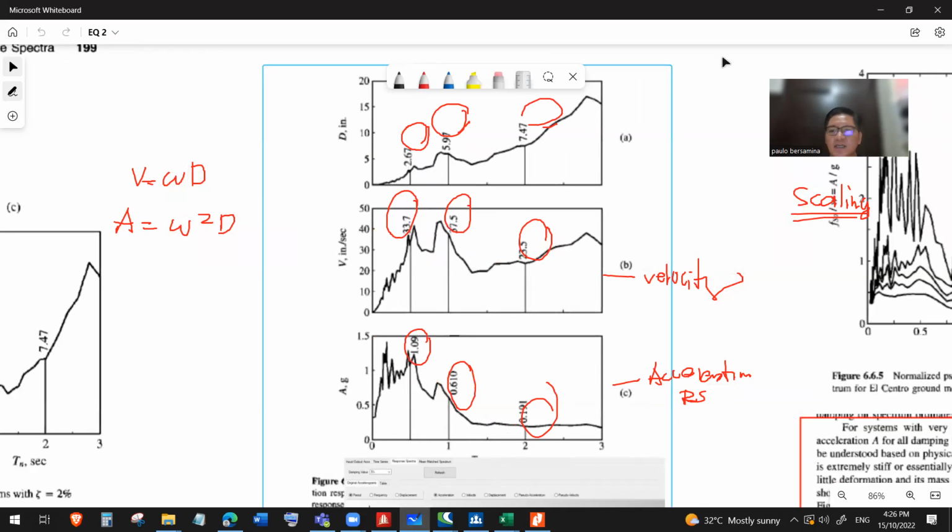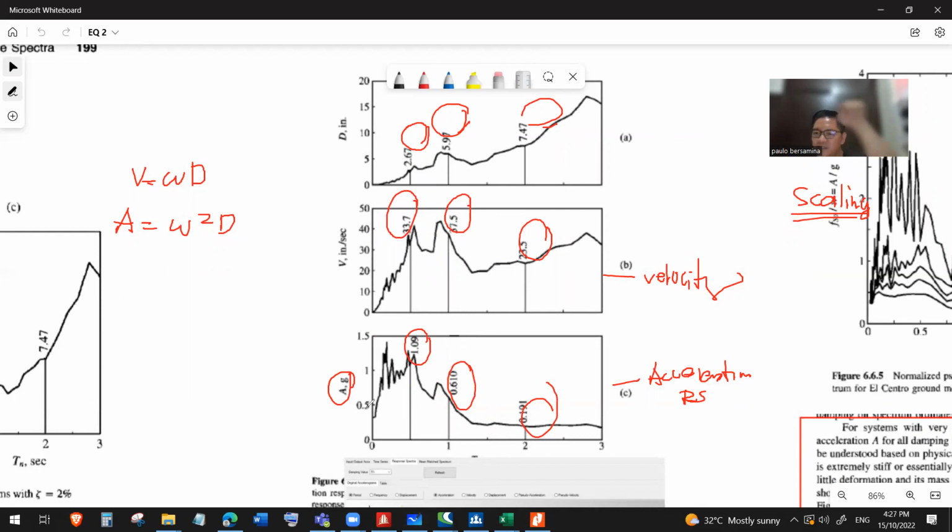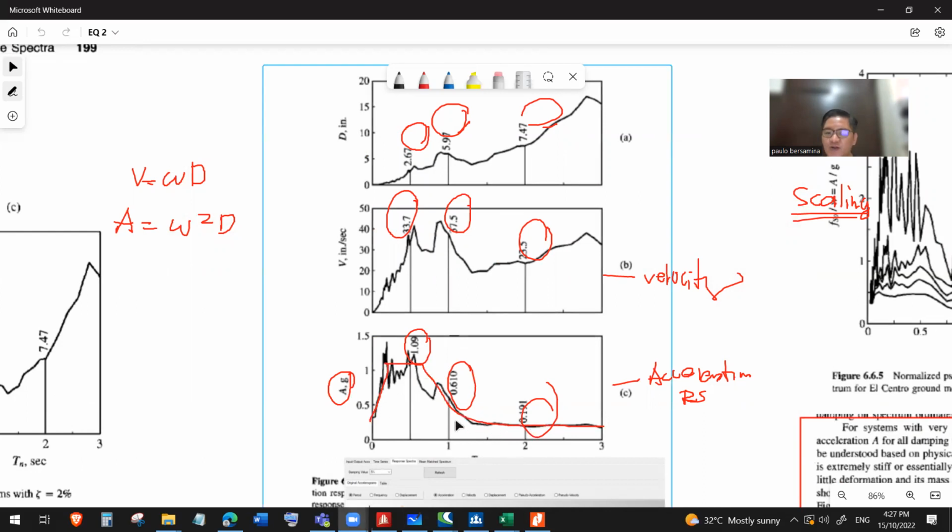So you will see that for this one, paano ba ito? I-drawing ko. So ito yung acceleration response spectra. So if I smoothen that curve, I can generate something like this. Diba? This is familiar to you, no? So this is basically the NSCP response spectra.